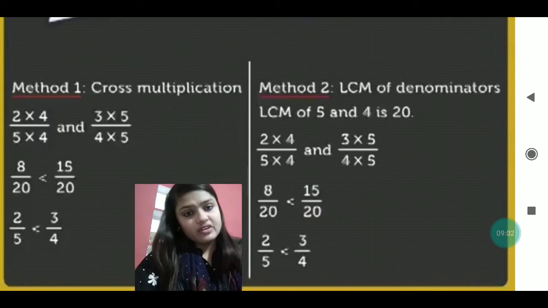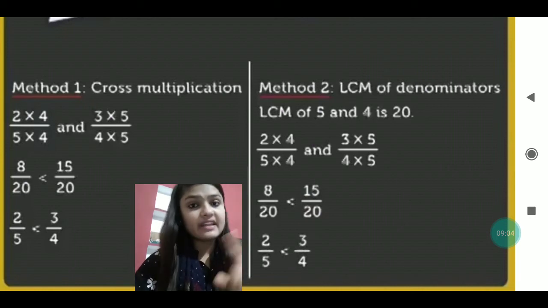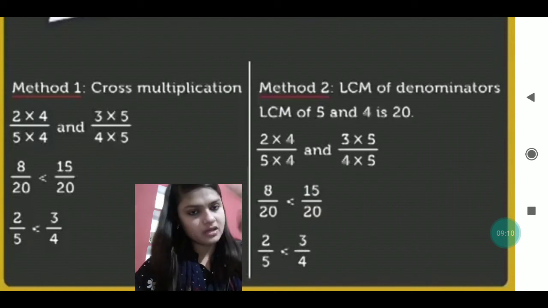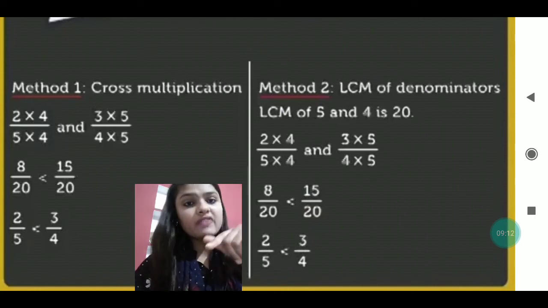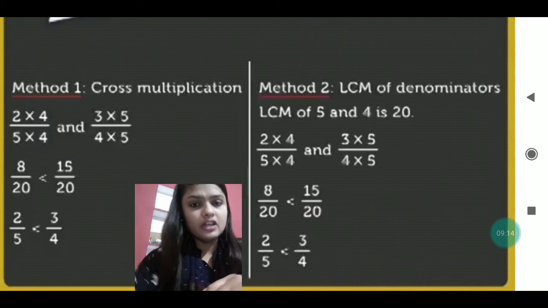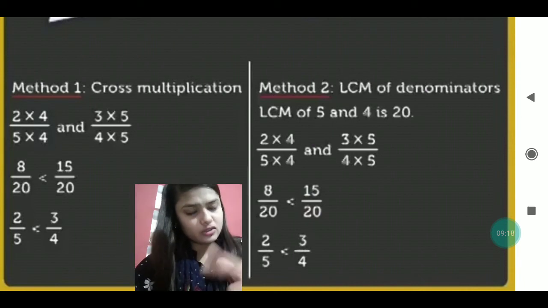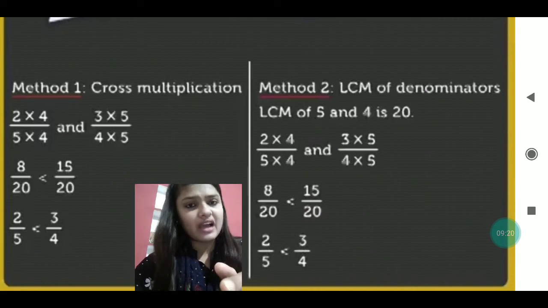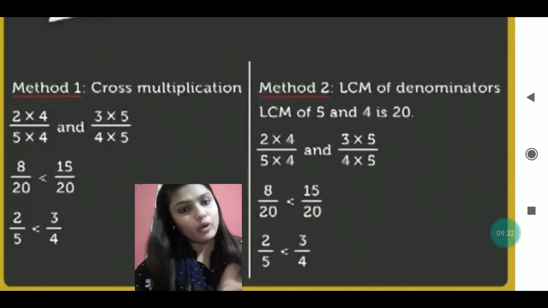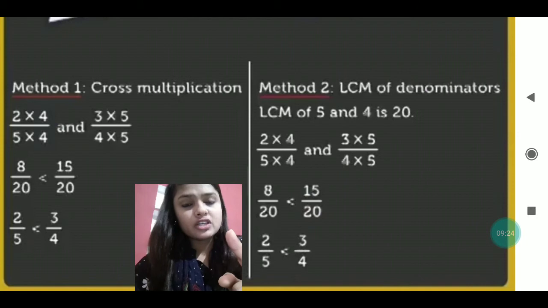But what if both are different? Then you have to make equivalent fractions, multiplying by the same factor. You have to compare 2 by 5 and 3 by 4. So I have multiplied 2 by 5 by 4, both numerator and denominator, and 3 by 4 by 5. Then I got 8 by 20 and 15 by 20.